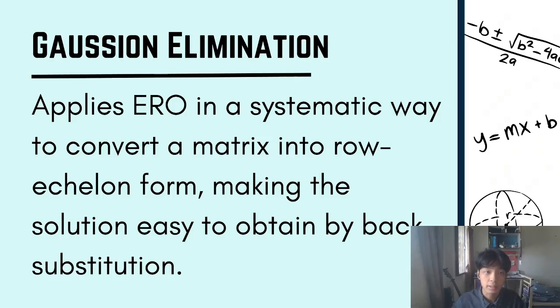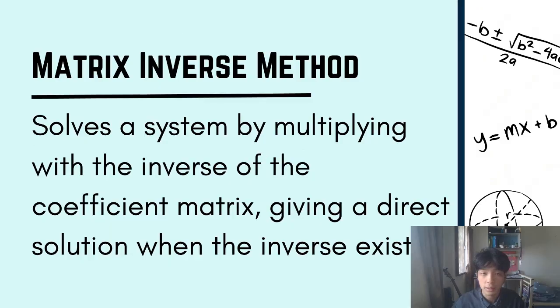And lastly, the matrix inverse method. It solves a system by multiplying by the inverse of the coefficient matrix, giving a direct solution when the inverse exists. So this is the short explanation of each of the methods.